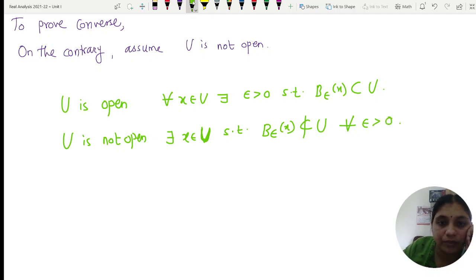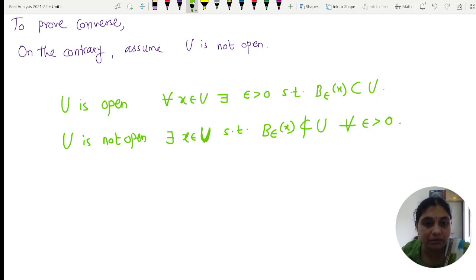Means U contains at least one element for which we cannot have an open ball with center x which is contained in U, right?